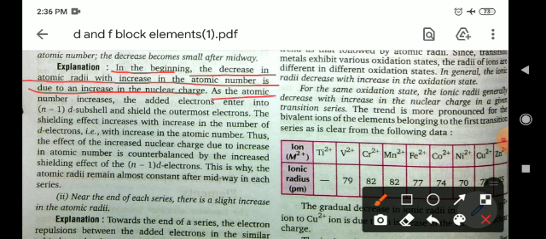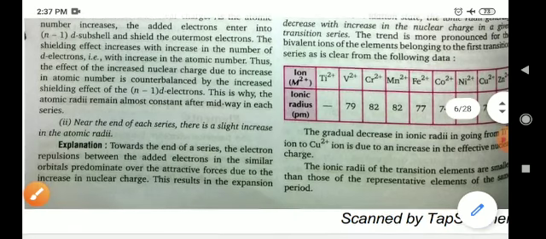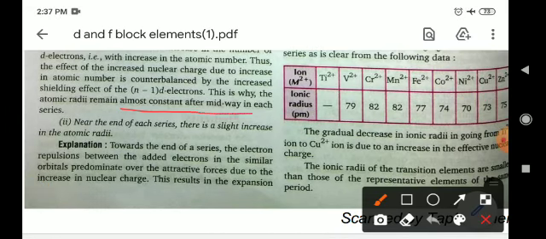As the atomic number increases, the added electrons enter the n minus 1 d subshell and shield the outermost electron, and the shielding effect increases with the number of d electrons. Thus the effect of the increased nuclear charge is counterbalanced by the increased shielding effect of the n minus 1 d electrons, and that's why the atomic radii remain almost constant after midway in each series.